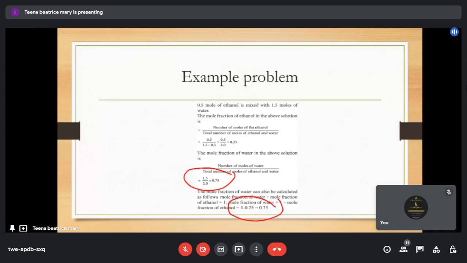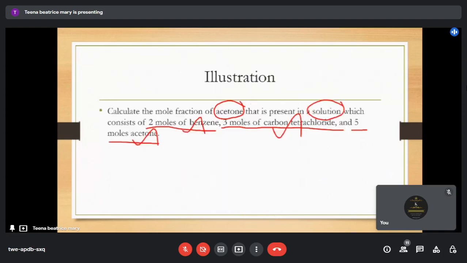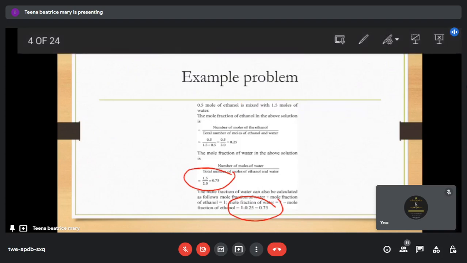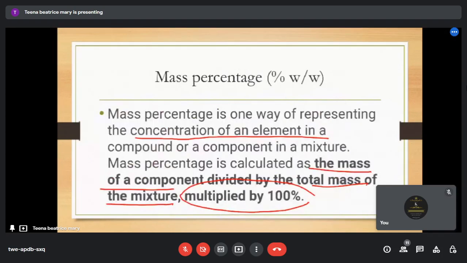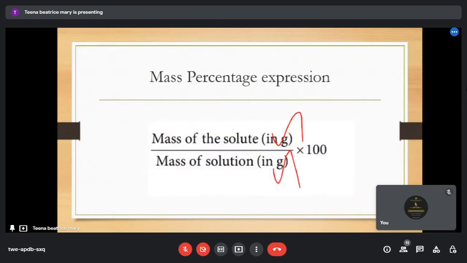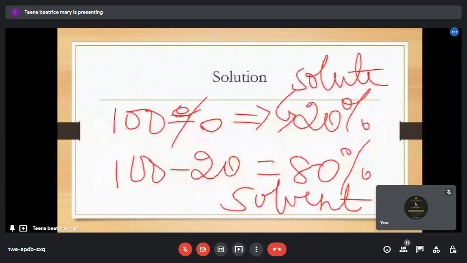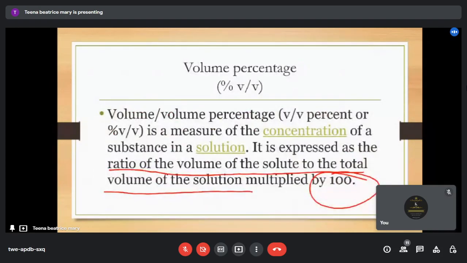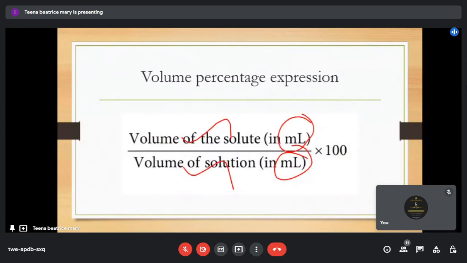In mole fraction, we found out what fraction, how many parts, how much solute there is, and we used the formula for it. Next, mass percentage: the mass of the thing, both should be in grams, so that into 100 we can easily find out the percentage of the particular solute. Then mass volume percentage: both are given in volume, so to find the percentage, again into 100, both taken in ml.